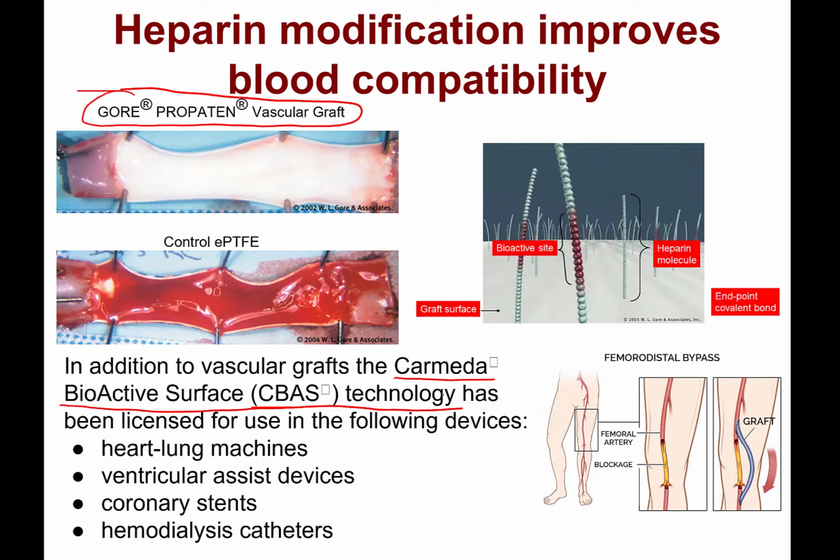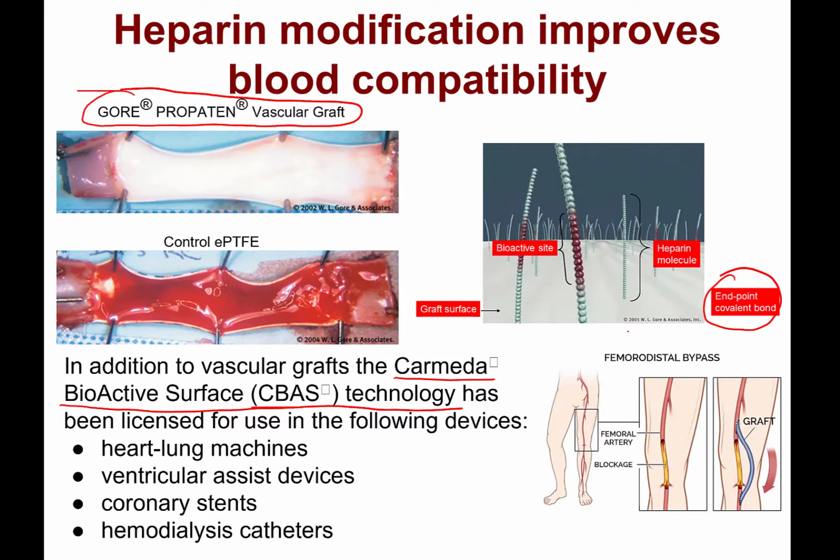They then use those amine groups to conjugate to the end of the heparin molecules. They have this fancy endpoint modification strategy where they use aldehyde groups on the end of the heparin to form bonds with those amine groups on the surface. So it's a Schiff base reaction.